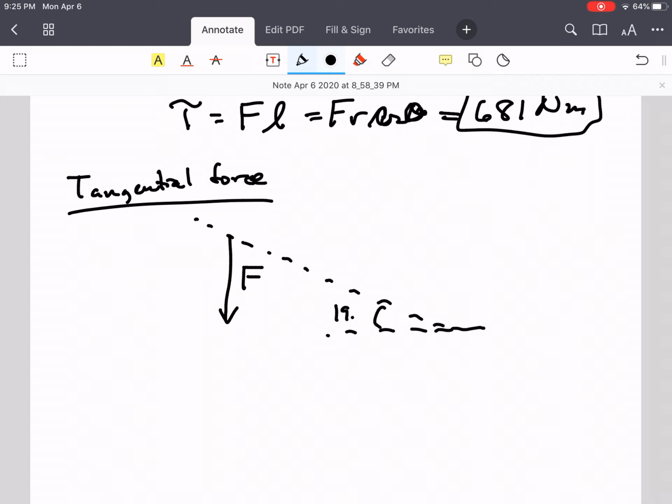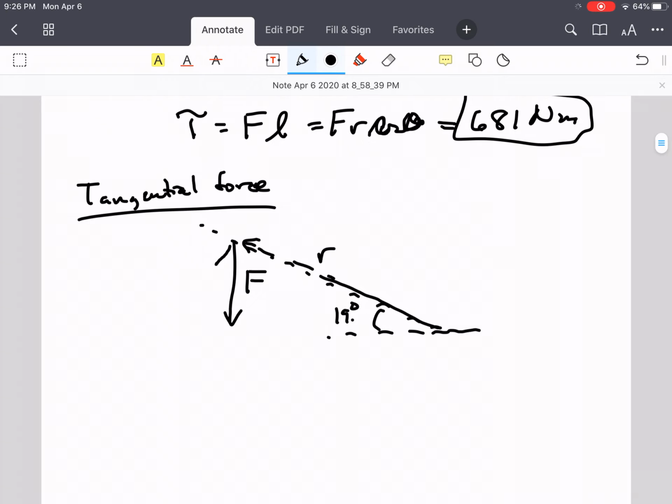So I want to break F into something that's perpendicular to that radius. So here's my R vector, kind of an imaginary R vector in this plot. I have a component that's perpendicular to that R vector, which I'm going to call F perpendicular. I have a component that's parallel to that R vector, which is F parallel. This angle here is also theta equals 19 degrees.